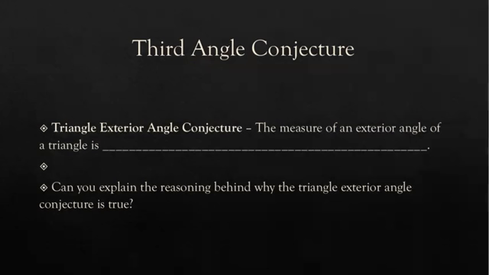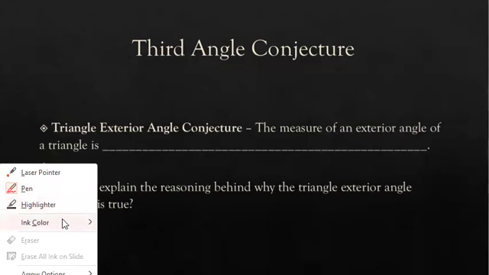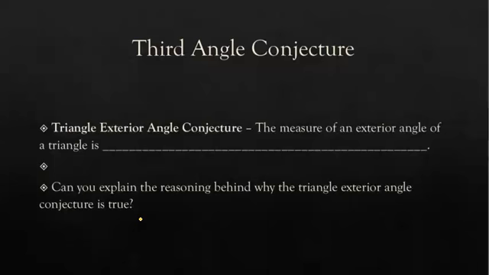Can you explain the reasoning behind why the triangle exterior angle conjecture is true? So think about 180 degrees as the entire triangle. And we said that the exterior angle plus the adjacent interior angle, the sum of these angles, is going to be 180.